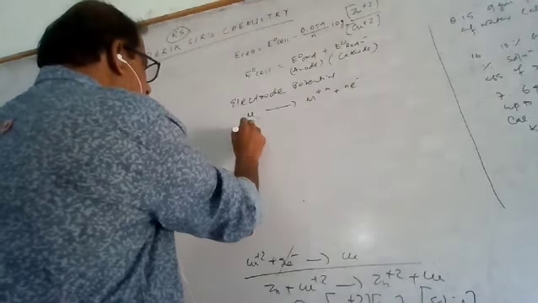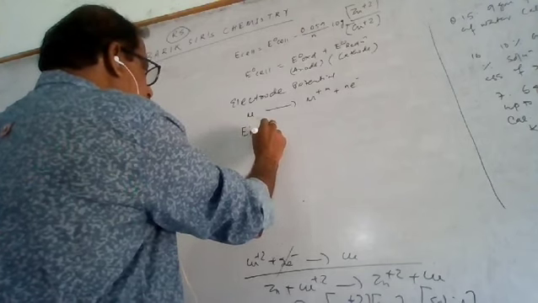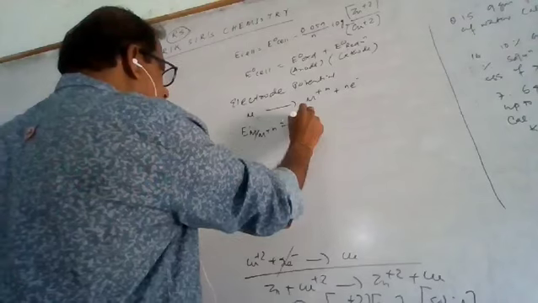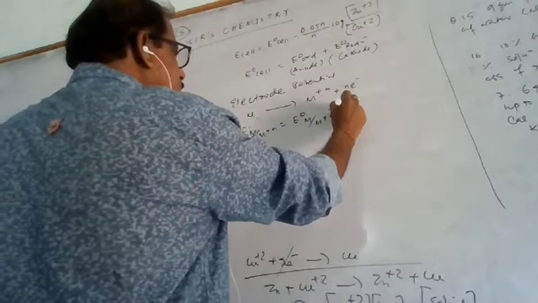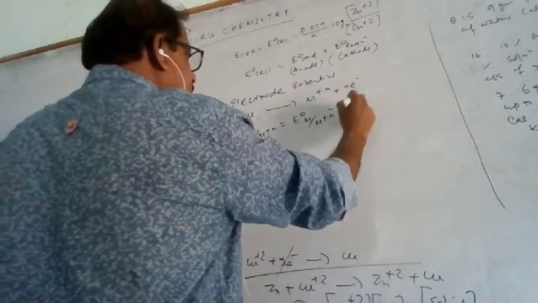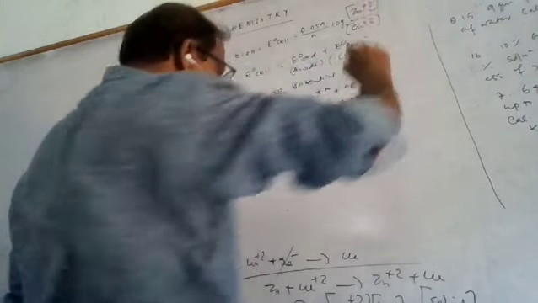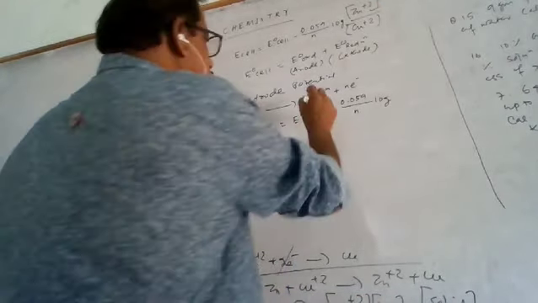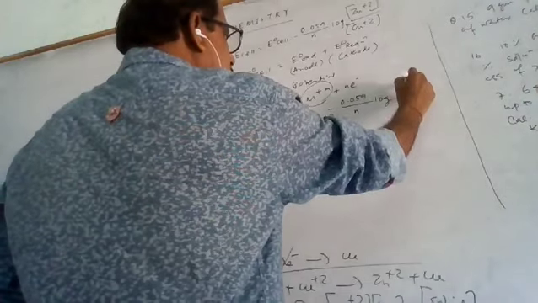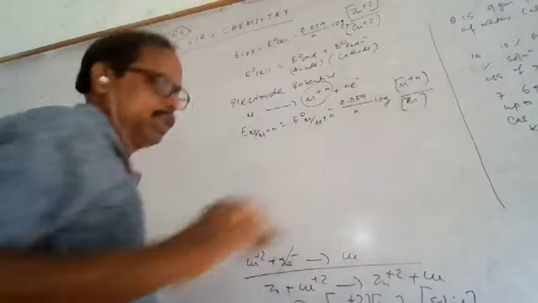So E of M by M plus n, that is the oxidation potential, is equal to E naught M by M plus n minus 0.059 by n log. As it is the product concentration by the reactant concentration, the product side is the M plus n concentration by the M concentration.